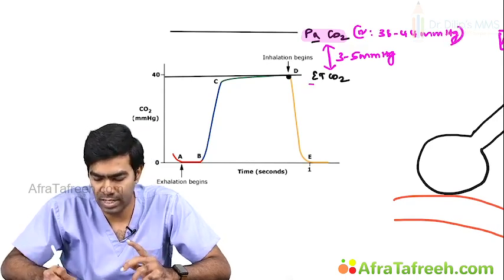But for EtCO2, the same textbooks give 35 to 45 or 36 to 44, and I don't believe it can be that way, because it's always lesser than the arterial carbon dioxide. So I feel the normal EtCO2 must be somewhere around 32 to 40 or 30 to 42. It cannot be 35 to 45, it will be 32 to 42. So that's the usual EtCO2 range.